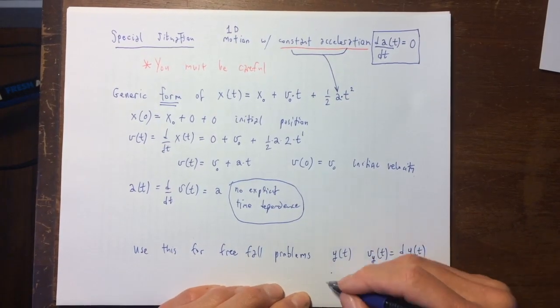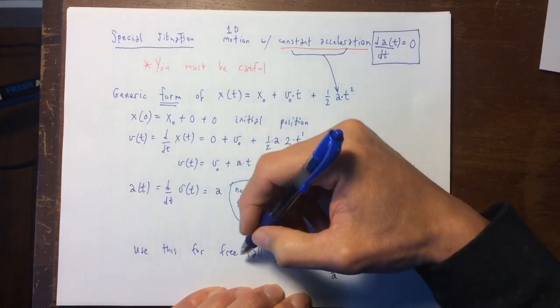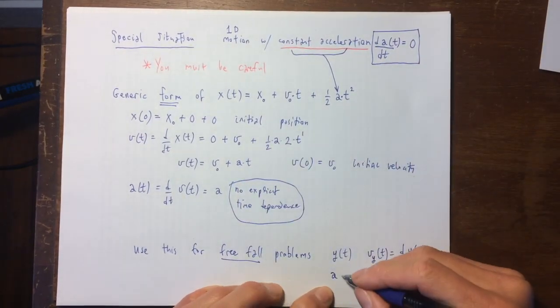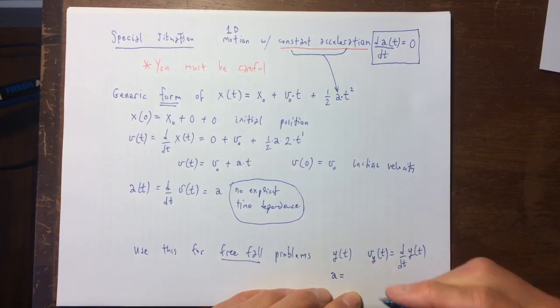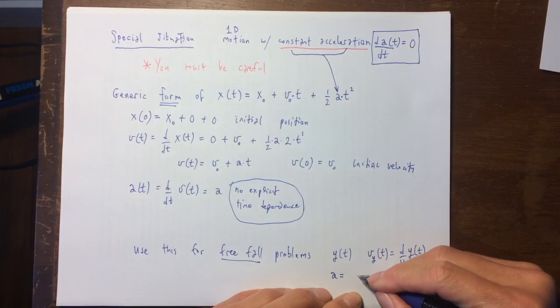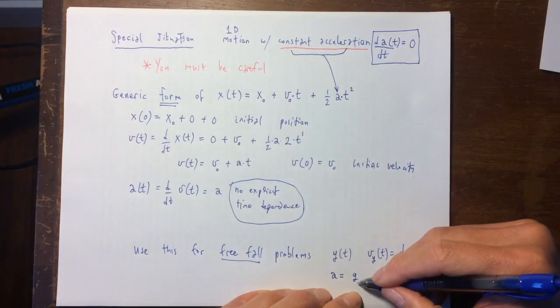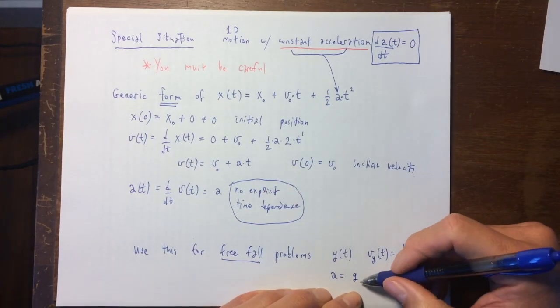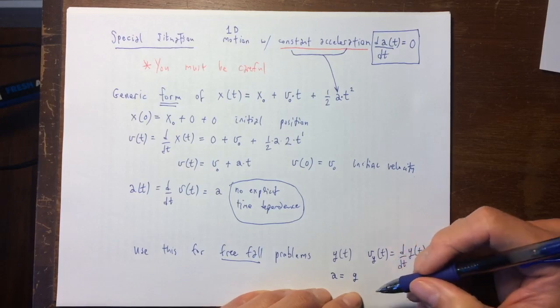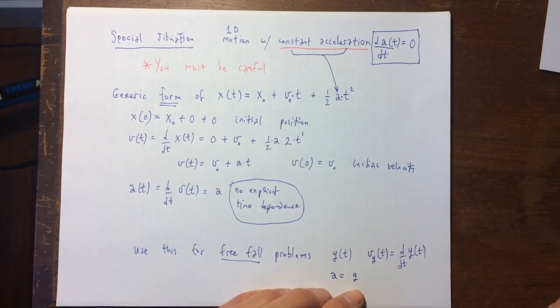And then the acceleration for free fall problems is just equal to the acceleration due to gravity wherever you're doing your free fall problem. It could be Earth acceleration due to gravity, or it could be Moon, or any exotic location like that.